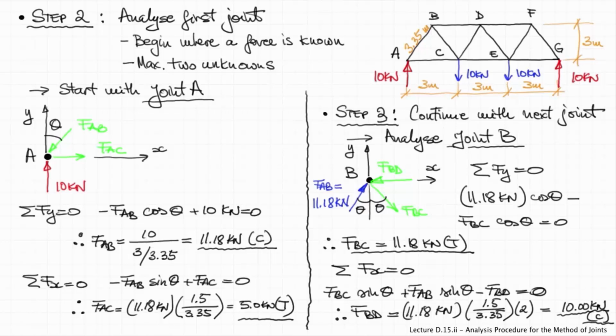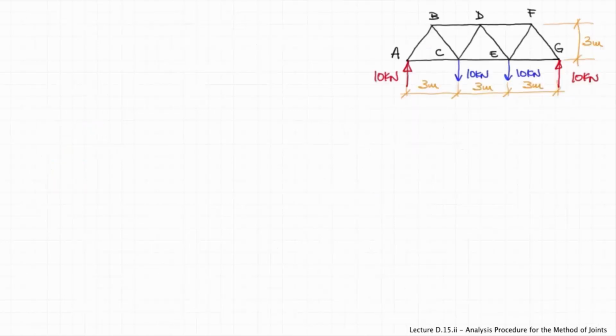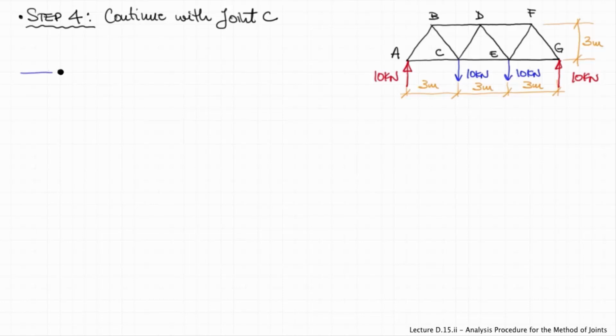So what do we do next? Well, we go to the next joint in sequence, the next joint that has no more than 2 unknown member forces, and obviously now this would be joint C, because for joint C we know the force in member AC, and we know the force in member BC. We need to solve for the force in member CD and the force in member CE.